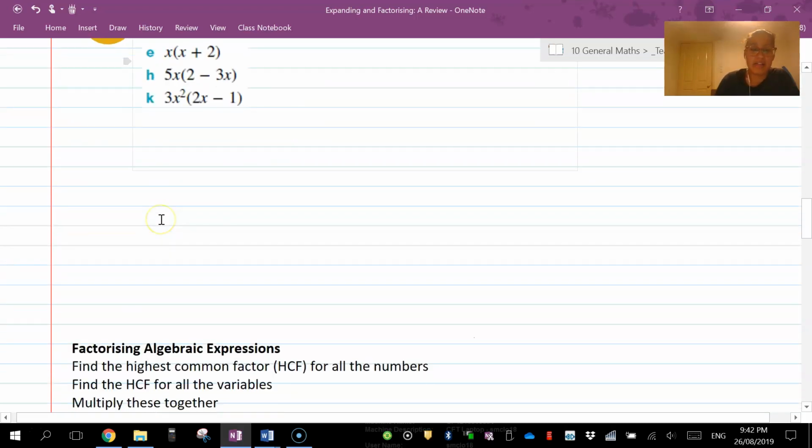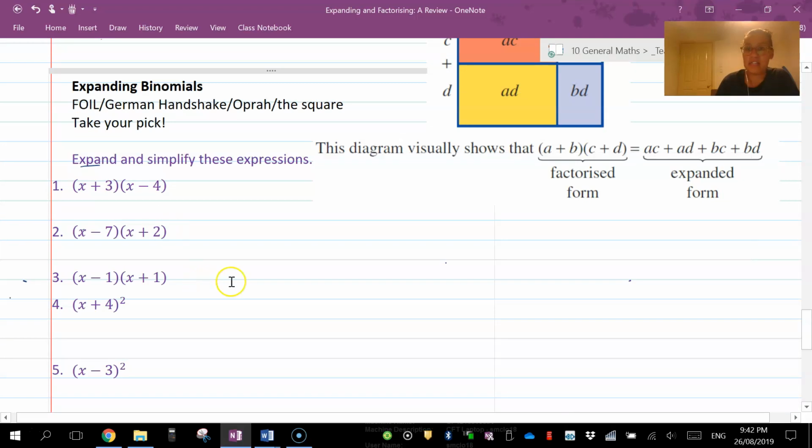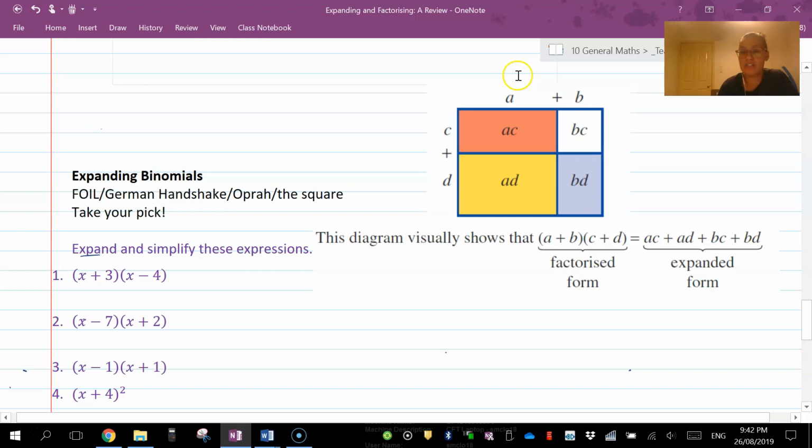Right, let's see what happens when you are expanding with two terms, when there are two sets of brackets. So this is the visual explanation of it. If this was a plus b, there it is there, so I'll move it down so you can see the whole thing. If we think back to a rectangle, the area of a rectangle is length times width.